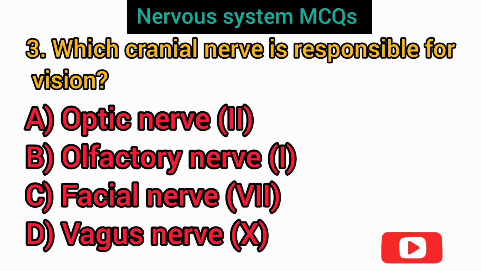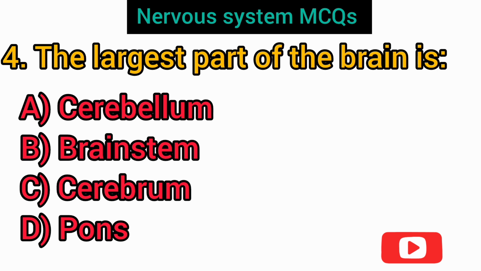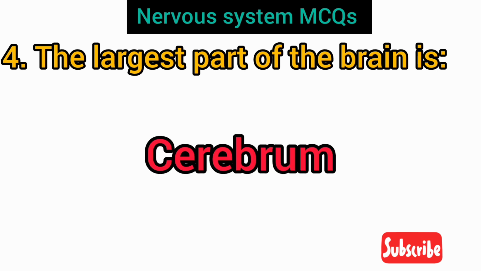Which cranial nerve is responsible for vision? Optic nerve 2. The largest part of the brain is cerebrum.